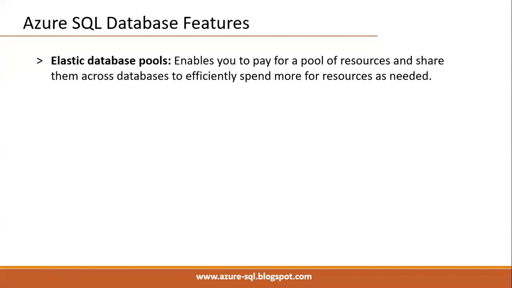Instead of maintaining 100 databases separately, each with a separate pricing tier, we can group all these databases in a pool. At the pool level we can set the pricing tier, and at the pool level we can set the number of DTUs.